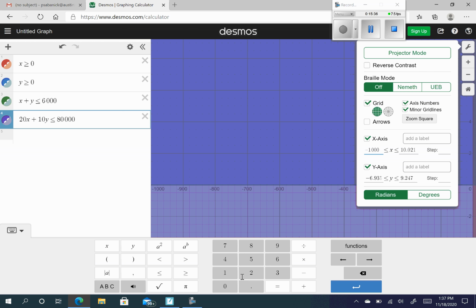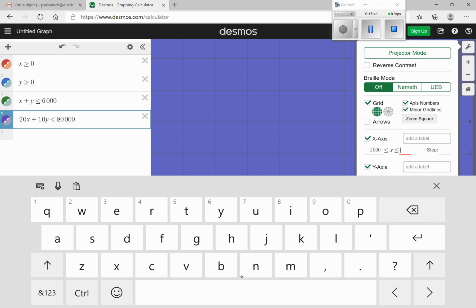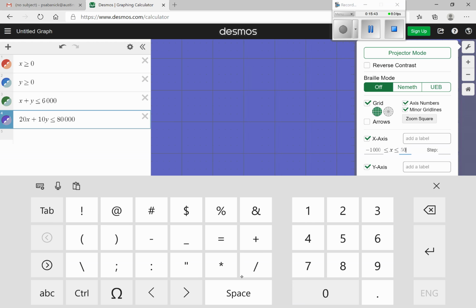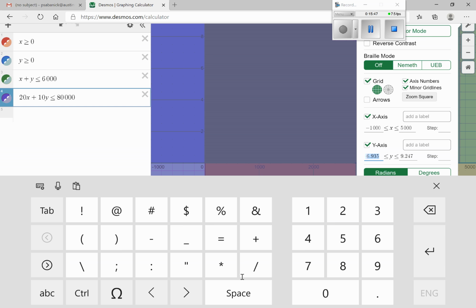And let's make it a 5,000 for the x max that's right here. Then go down to the y-axis, make that first number a negative 1,000. And then let's make the y max here 10,000.